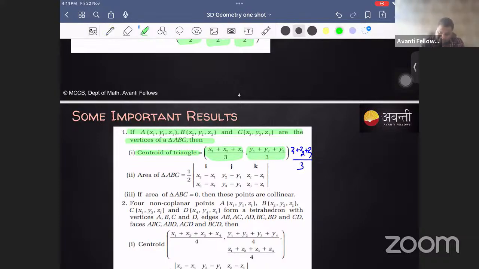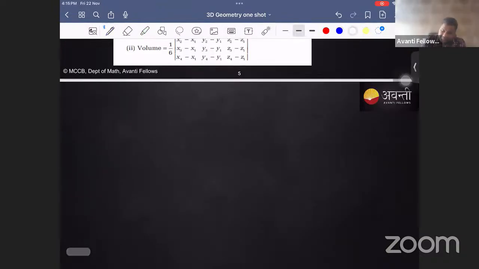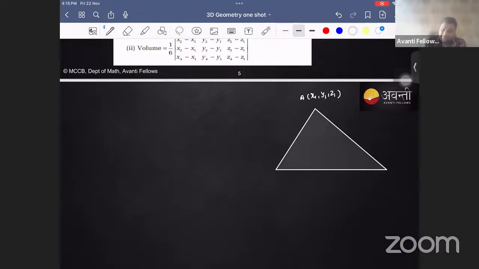Now, area of triangle ABC. See, they have given something like a formula for the area of a triangle, but you don't have to remember it. Since I told you, if this is a triangle, its vertices are A (x1, y1, z1), B (x2, y2, z2), C (x3, y3, z3).